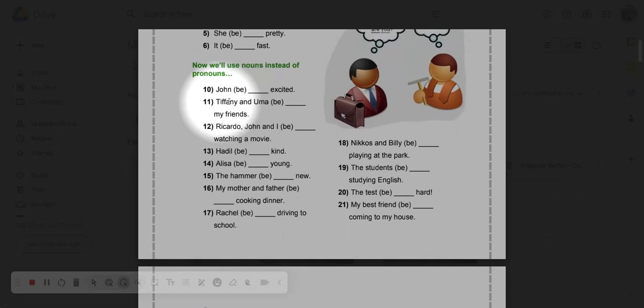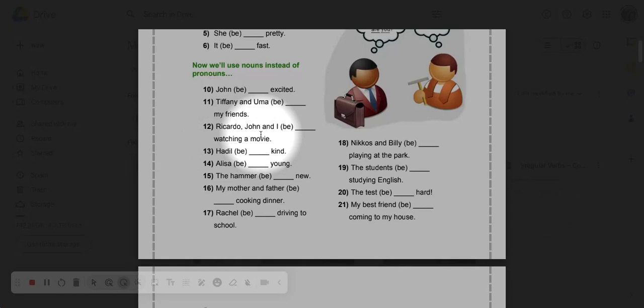Number 11, Tiffany and Uma are my friends. I think it's just instantly in my brain, I go, Tiffany and Uma, they. It's more than one person. I am not included. So it's they. They are my friends. Tiffany and Uma are my friends. Number 12, Ricardo, John, and I are watching a movie.